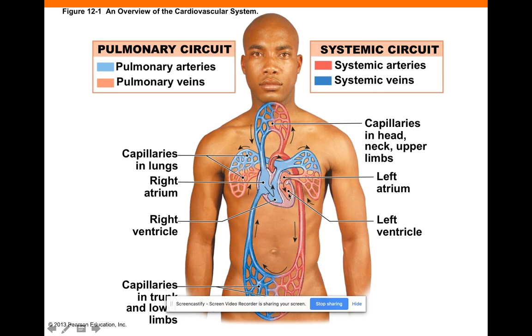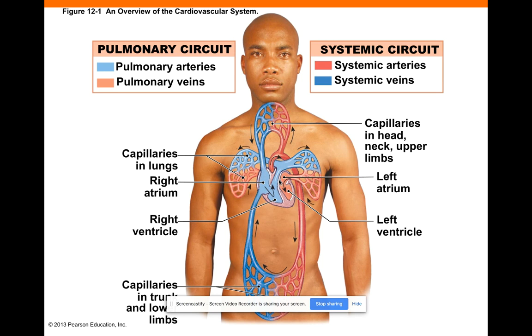So it needs to push that blood out with a great amount of force. It's going to be an extremely muscular side of the heart, whereas over here on the right-hand side, the walls of the heart will be a little bit thinner because it only has to pump blood to the lungs. So it's got a shorter distance to travel.